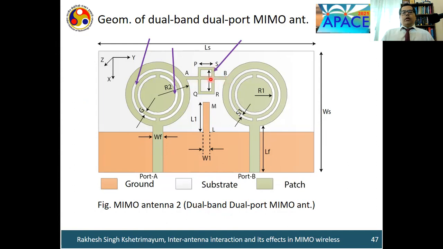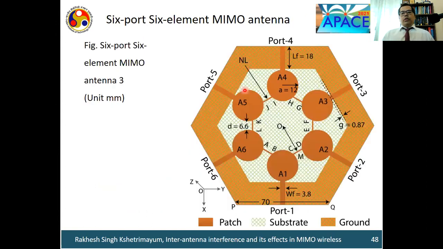This is one of the mutual coupling reduction techniques in antenna design. If you want to reduce the mutual coupling between these antenna elements, you put lines called neutralization lines. This reduces the mutual coupling between antenna 1 and 2. This is one technique antenna engineers use to reduce the mutual coupling in MIMO antennas.